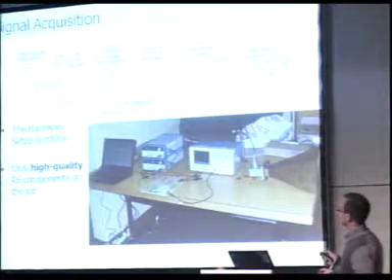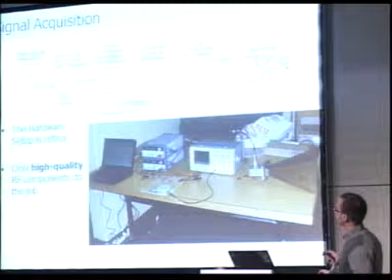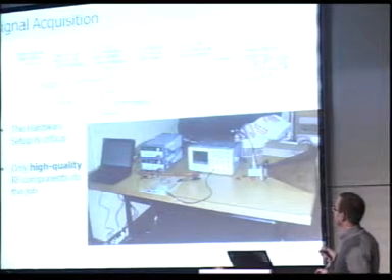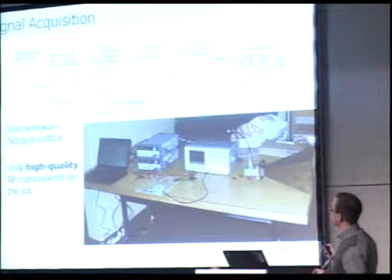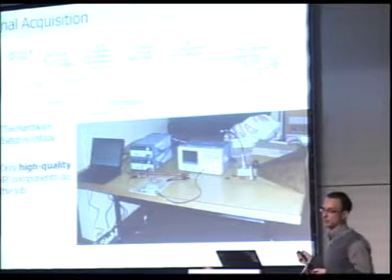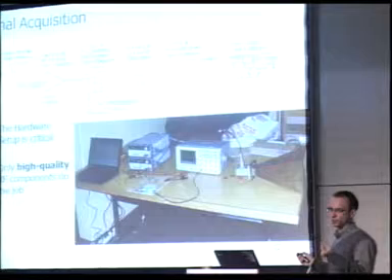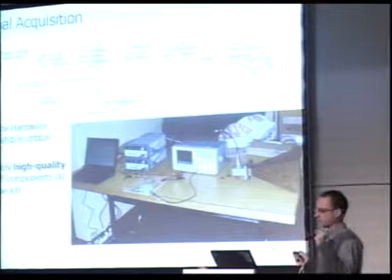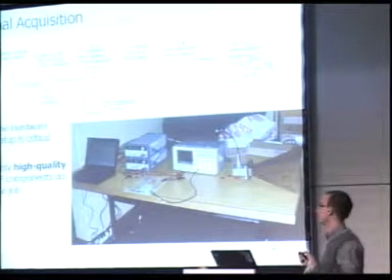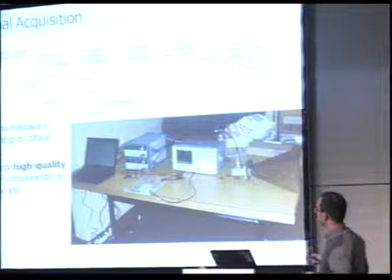And then we pass through some bandpass filters, a special mixer, and we recorded the signals on a high frequency oscilloscope, so that with a really high sampling rate, we're able to see even the small imperfections in the signal. And this is the setup here.